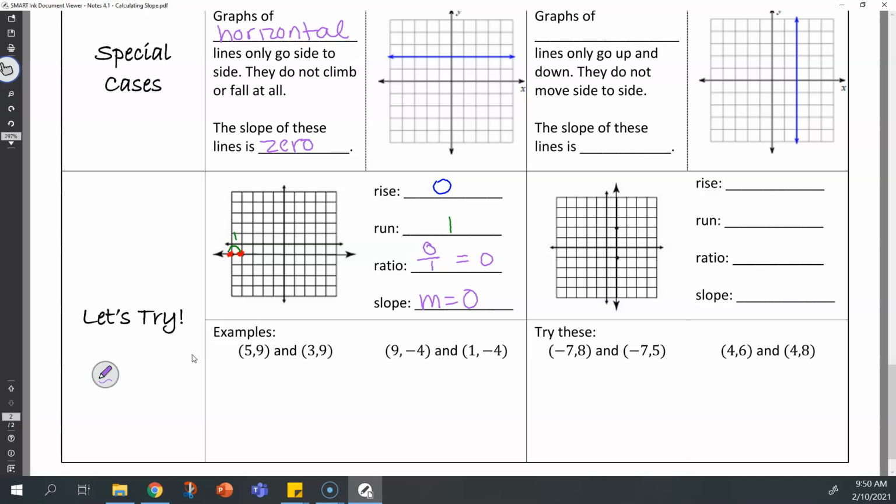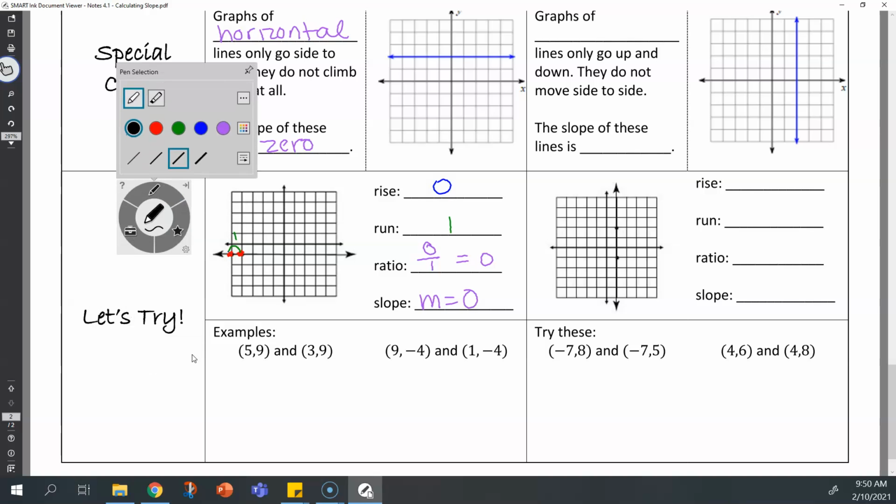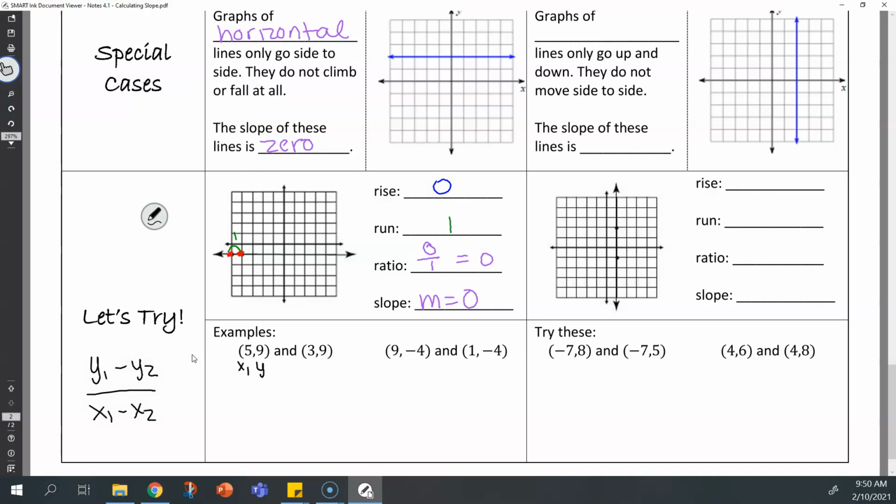When I do this with my formula, if they give me 2 points, I can use the y1 minus y2 over x1 minus x2 to calculate these. 5 would be my x1, 9 would be my y1, 3 would be my x2, and 9 would be my y2, respectively.